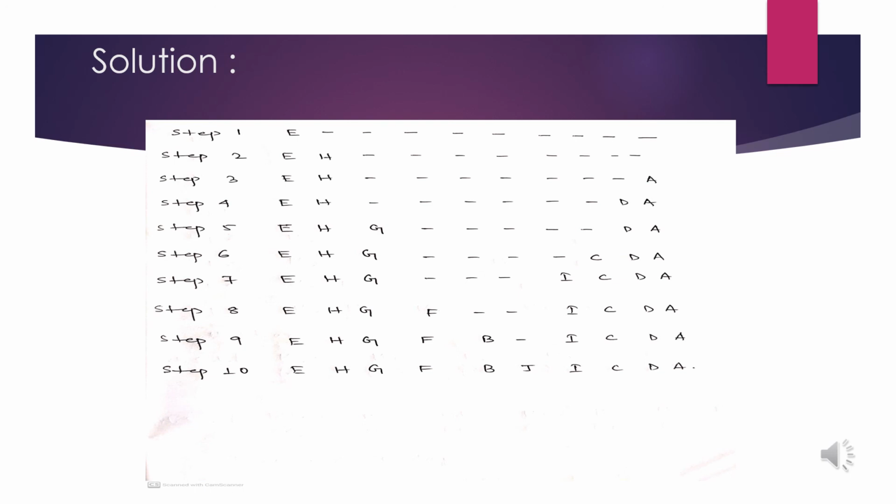So after E and H, I'll be placing G in step 5 and have eliminated job G. And now, the next shortest processing time is at workstation 2 of job C. So according to Johnson's rule, I'll try to place it as late as possible.